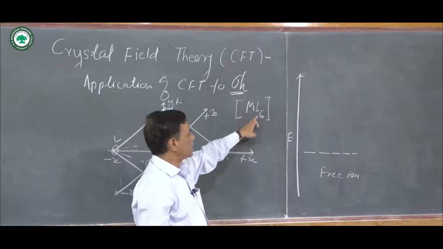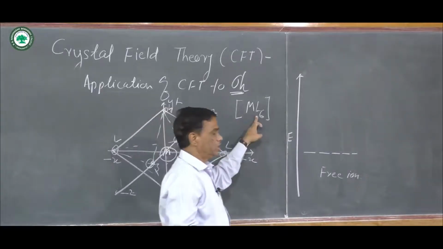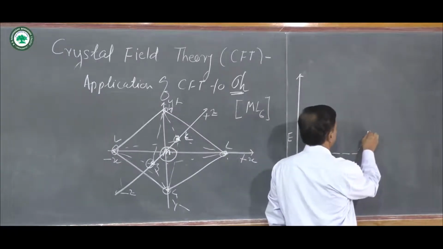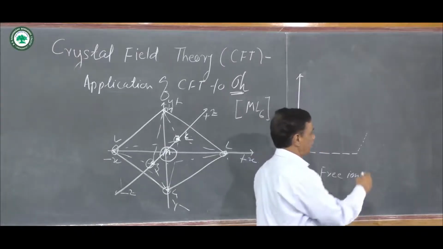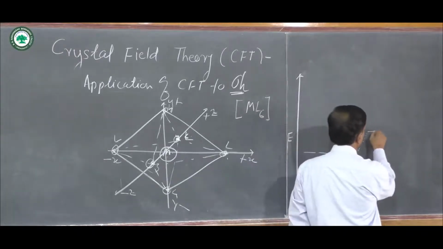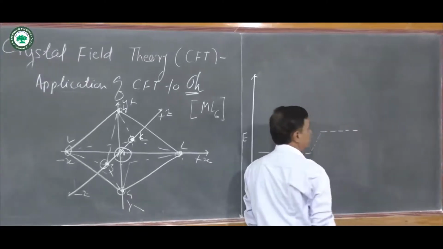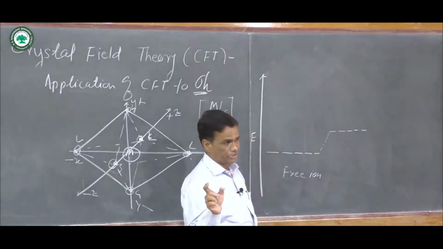When ligands approach the central metal ion and try to come close to it, there is a hypothetical increase in energy. And again these 5d orbitals 1, 2, 3, 4 and 5 remain degenerate. Degenerate means same energy.